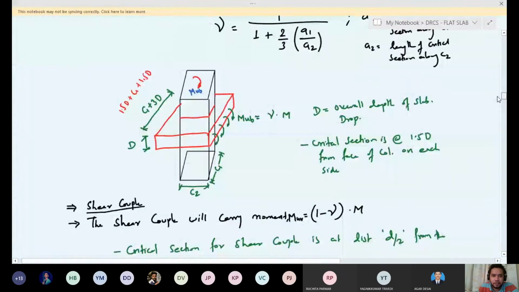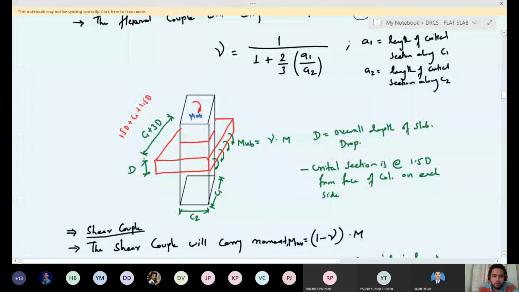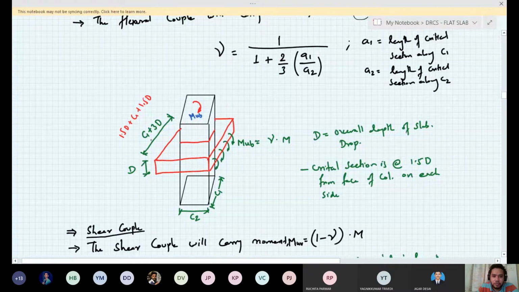The critical section for the flexural couple will be C plus 3D. If this is the direction we are considering, then this will be C1 and this will be C2, so it will be C2 plus 3D. But here we have shown this as C1, so it is shown as C1 plus 3D.